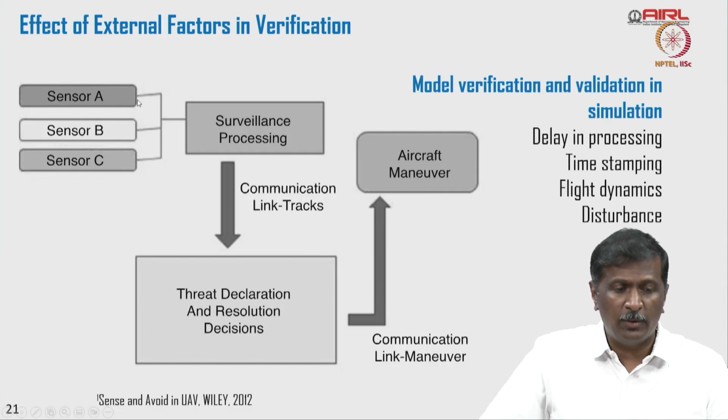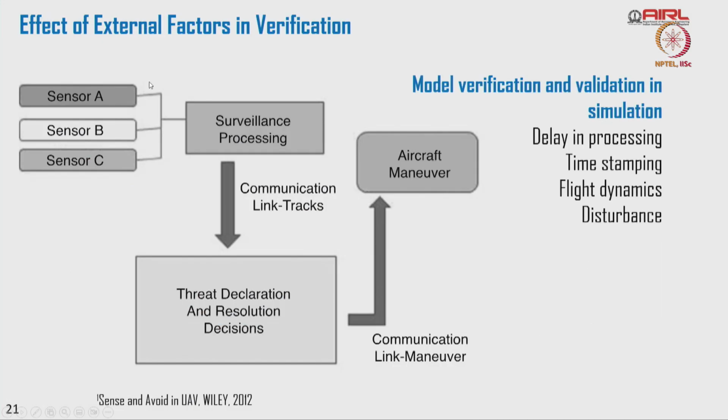Okay. Now, what are the external factors that affect the verification process? I have sensors A, B, C. I am using all the sensors for surveillance processing, to check whether there is a threat or not.